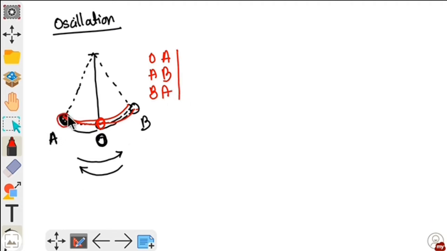And if you consider the starting position to be A, then from A to B and B to A is one complete oscillation. Understood? Okay.